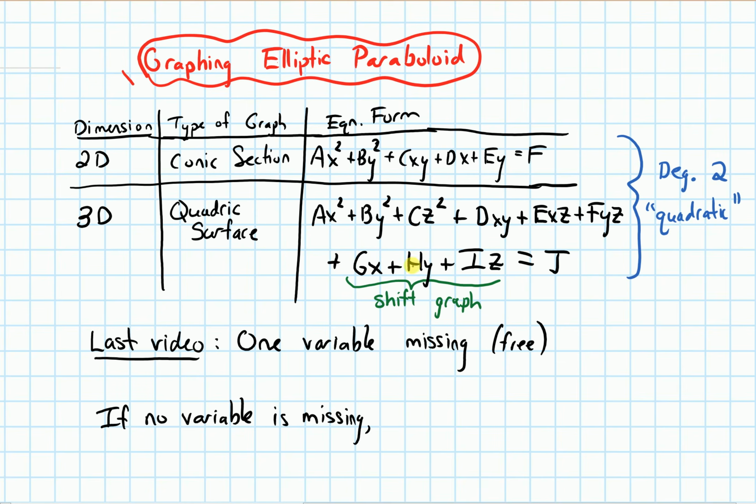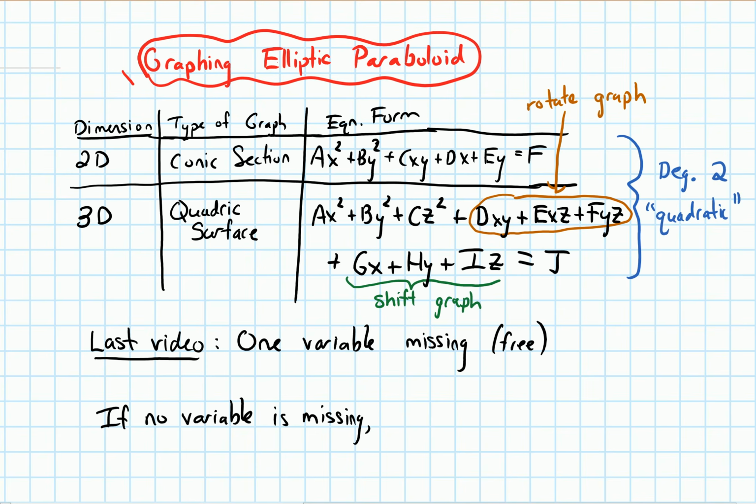They would shift it away from the origin. And then these mixed variable terms that have two different variables together, they rotate the graph. So in the basic types of quadric surfaces that we are going to look at, we're not going to do any examples of things that get rotated. But I just wanted to comment on this, because in general, that's what these mixed terms would do. They would rotate the graph.